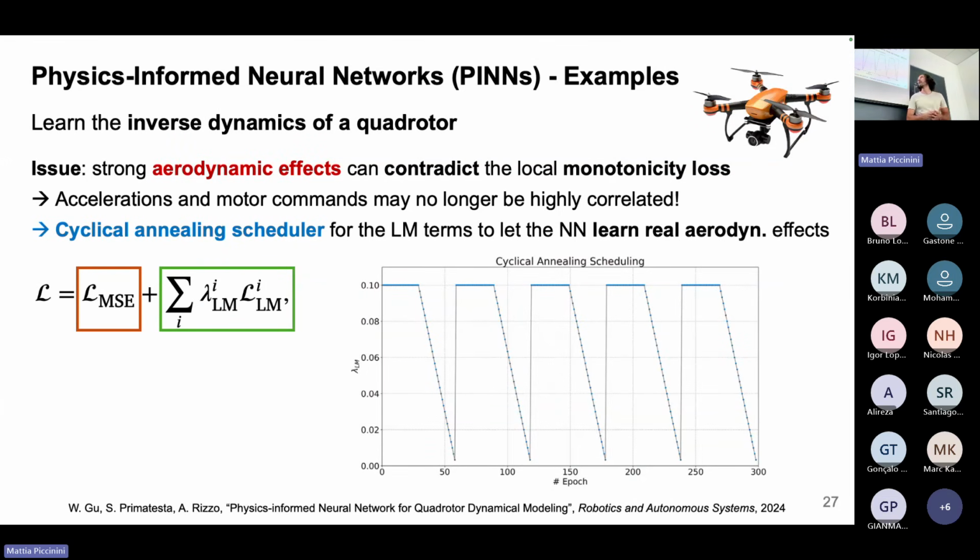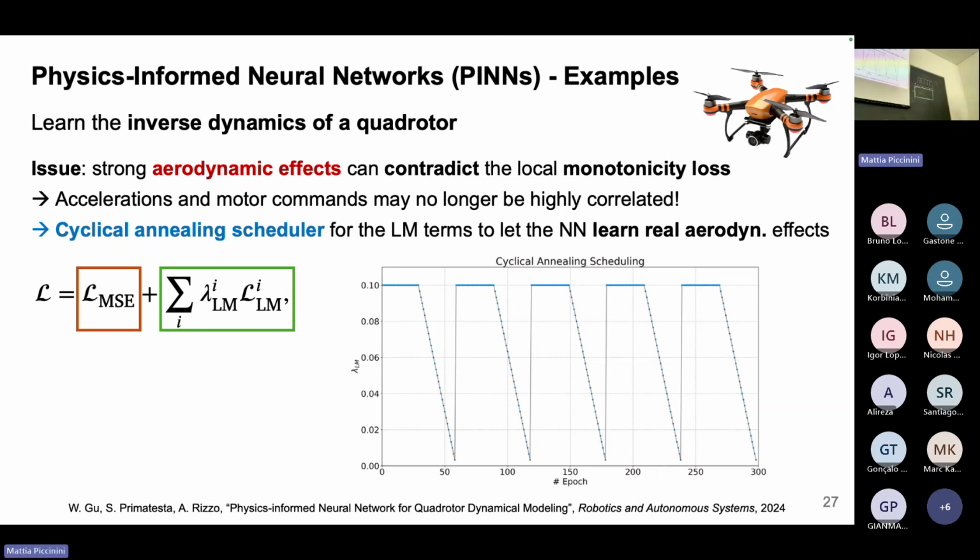Yeah, indeed, good point. It's not only in the loss function. So this approach can be seen as a loss function based approach, but also as a training procedure based approach, because we want to change the training process itself, using physics knowledge, basically.